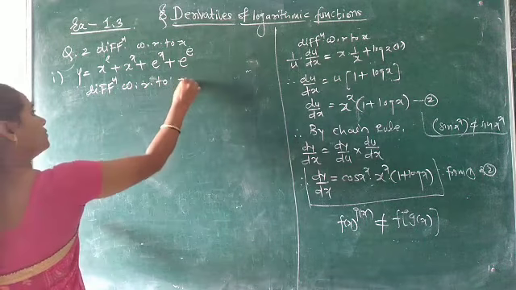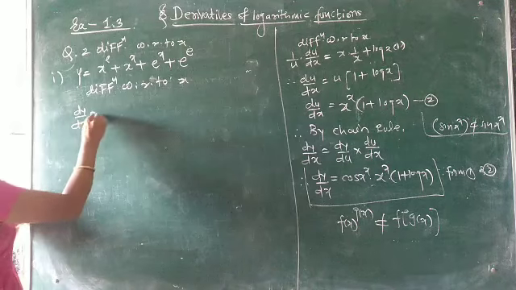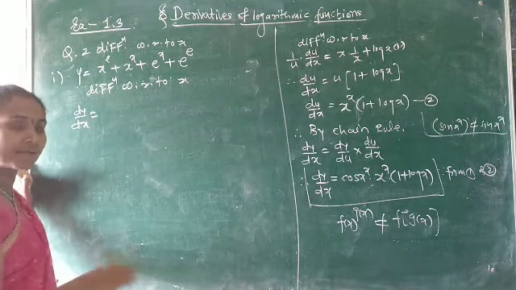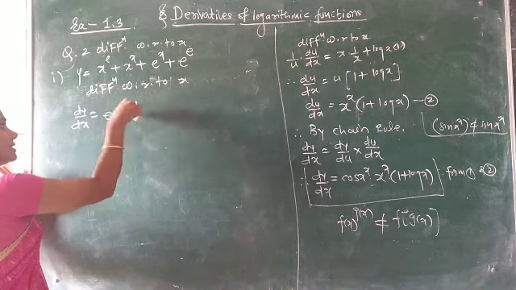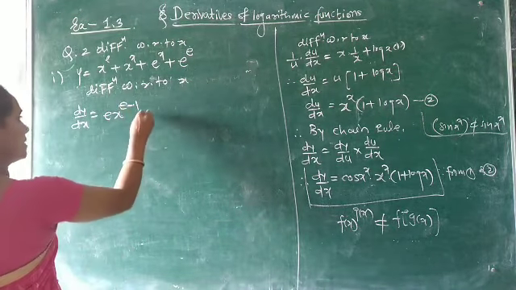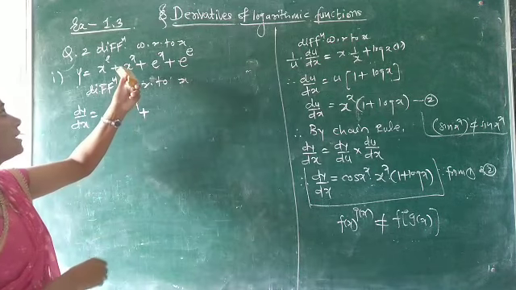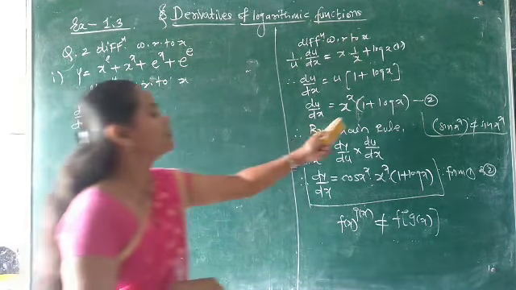with respect to x. dy upon dx is equal to, what is the derivative of x raised to n? n into x raised to n minus 1. So here the power is e. So we have e x raised to e minus 1 plus. Here we find the derivative by taking logarithm, but I am using it directly.